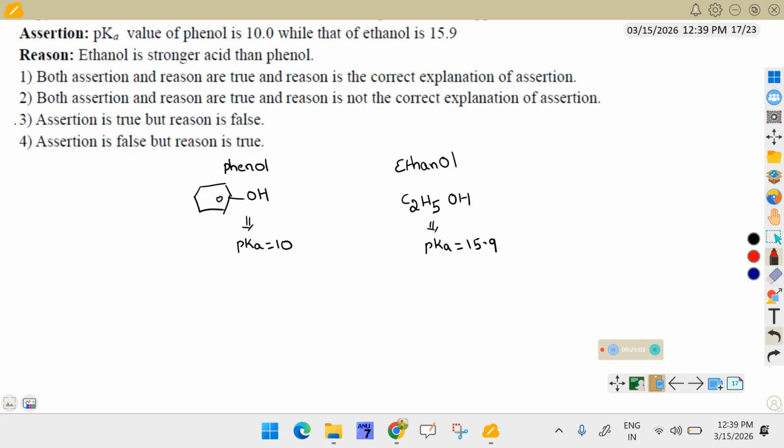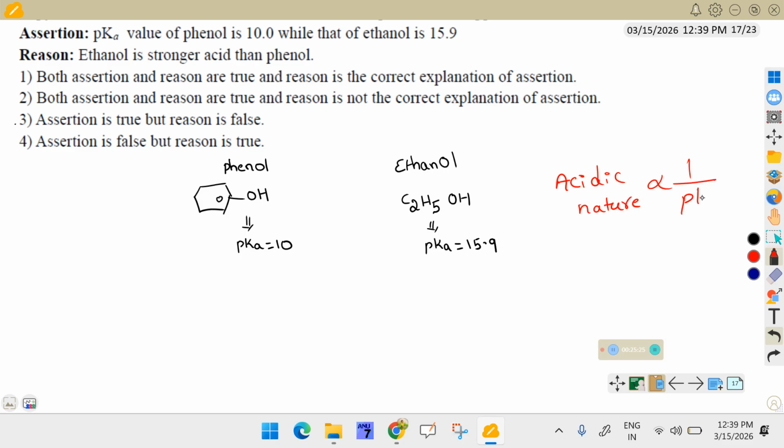The next question: the pKa value of phenol is 10 while that of ethanol is 15.9. We know that acidic nature is inversely proportional to pKa.